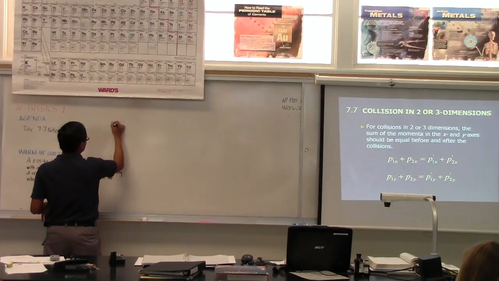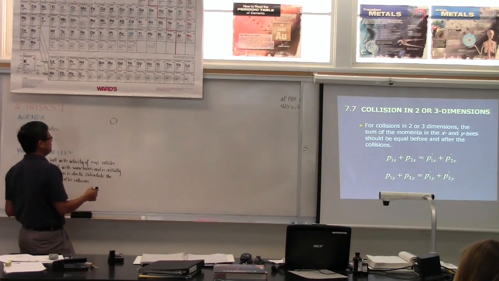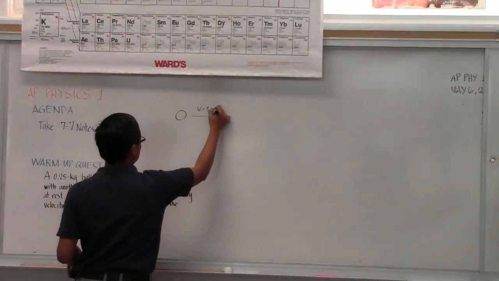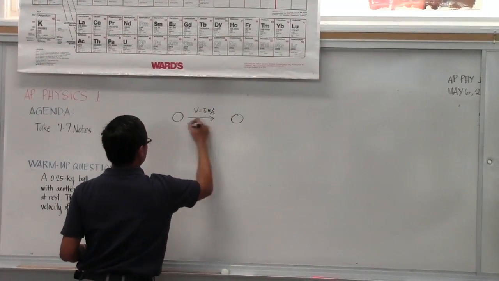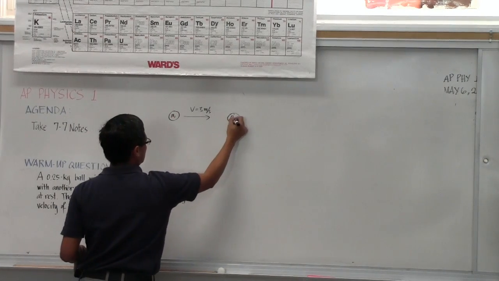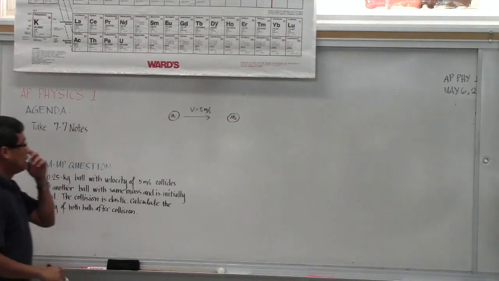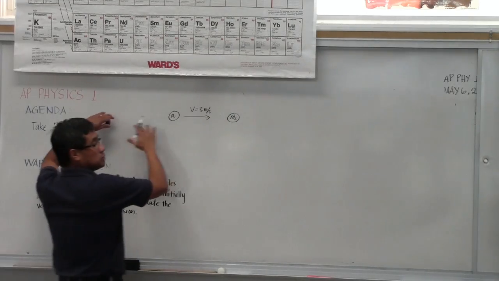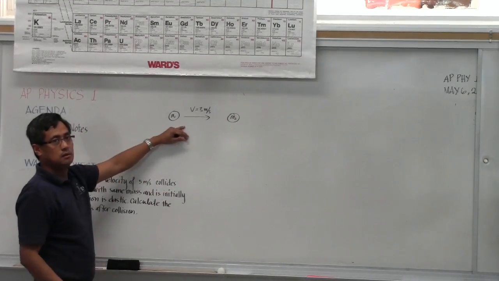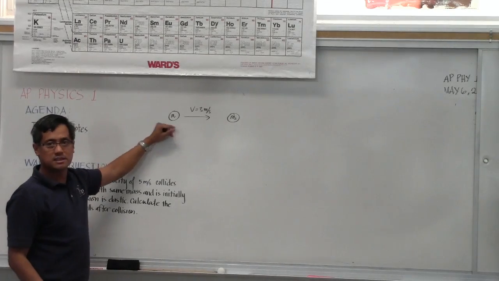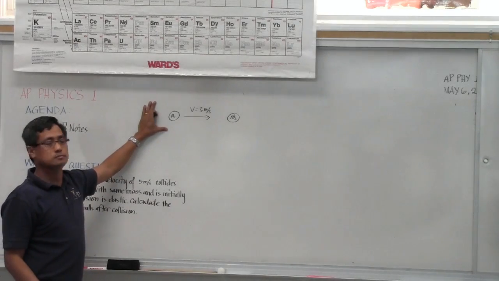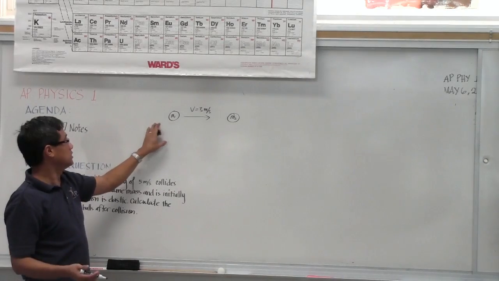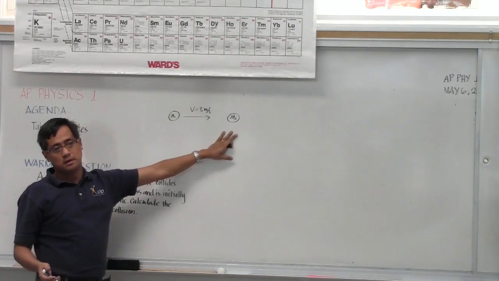Before we go to the math, let's go back to that example of the warm-up. You have a ball going with an initial velocity of 5 meters per second, and you have M1 and M2. This one is going to the right. Does it have momentum? Yes, because it's moving. How about this one? None.